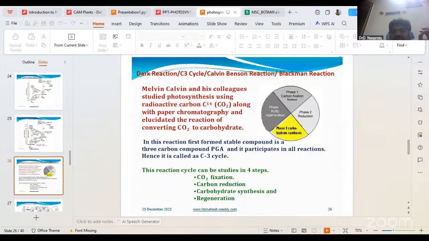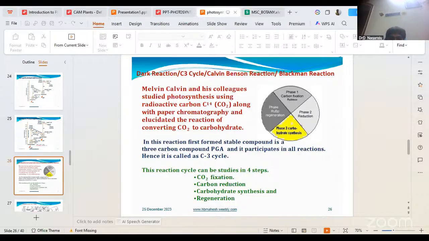In the mesophyll the first reaction happens, and in the bundle sheath the second reaction happens. The mesophyll cells absorb carbon dioxide, and the Calvin cycle occurs in the bundle sheath cells.